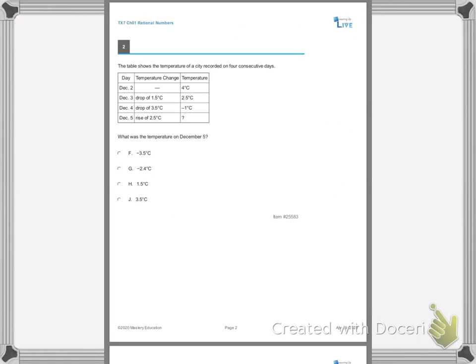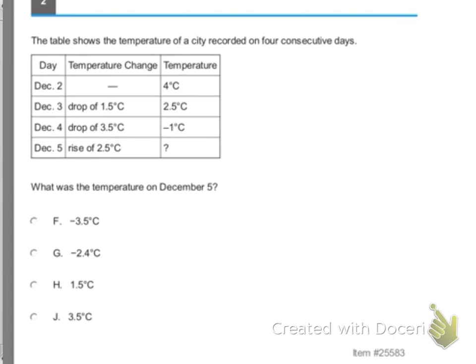Going on to number 2. The table shows the temperature of a city recorded on 4 consecutive days. What was the temperature on December 5th? Okay, so it starts at 4 degrees and then it drops. So that's a subtraction of 1.5 and you get 2.5. Then it dropped again, 3.5, so you have -1.